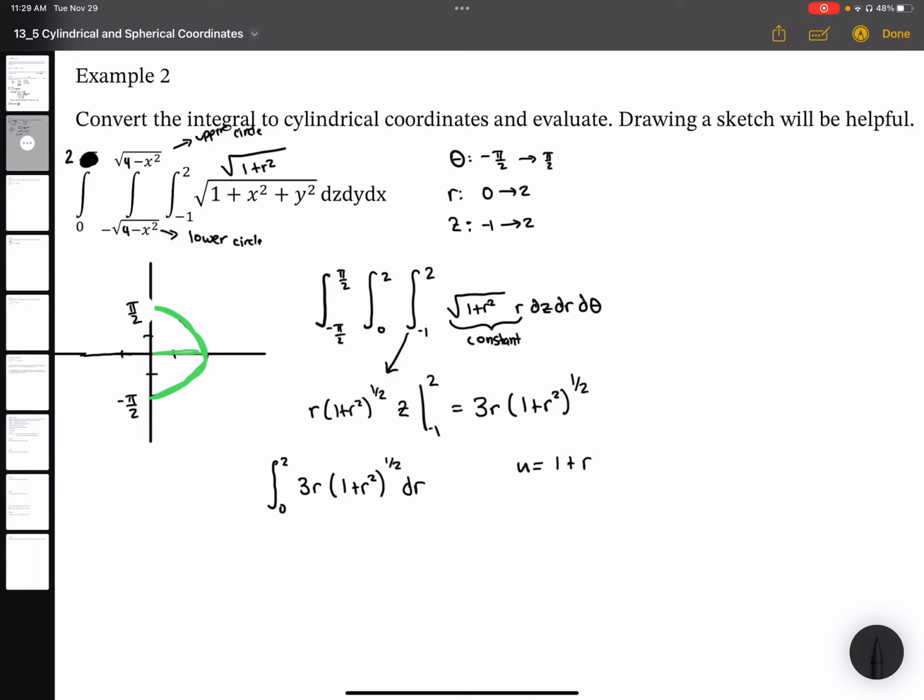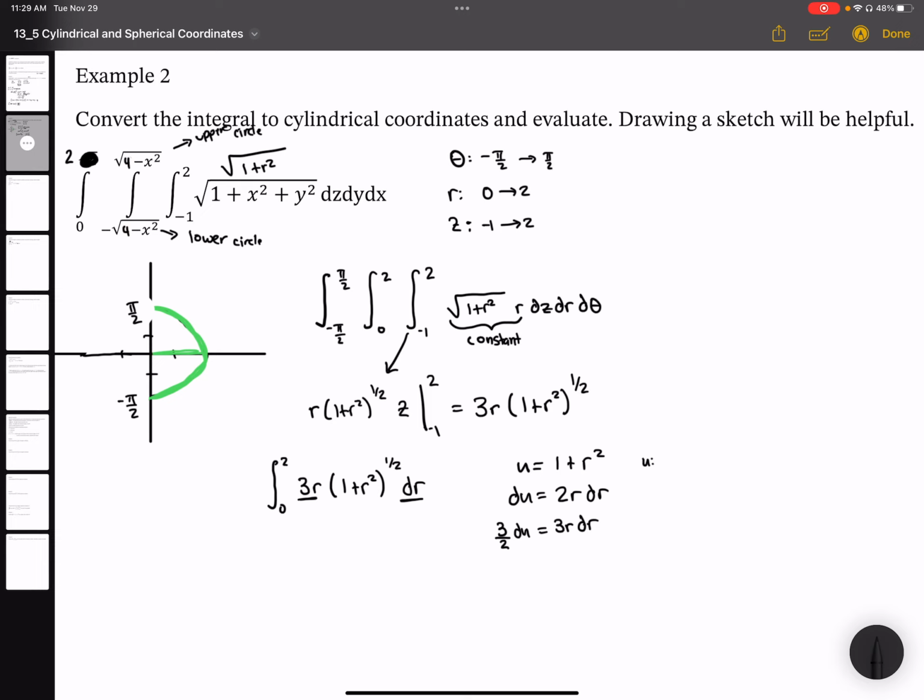So u is 1 plus r squared. du is 2r dr. And we need to replace 3r dr. So we need to multiply both sides by 3/2 to end up with a 3r dr. So it's going to mean 3/2 du is equal to 3r dr. So our r limits are from 0 to 2.